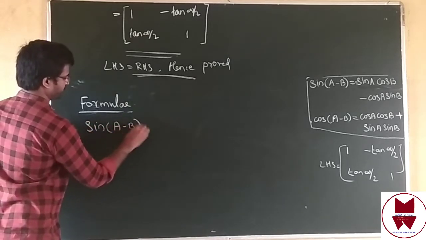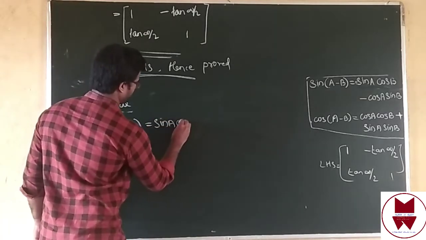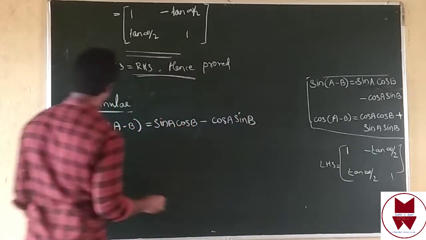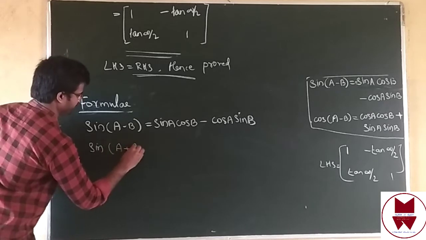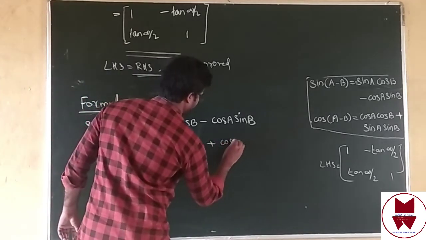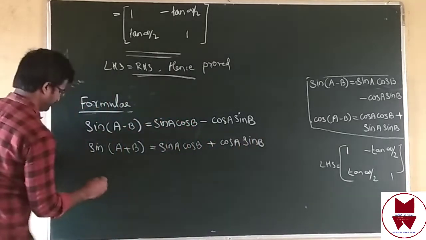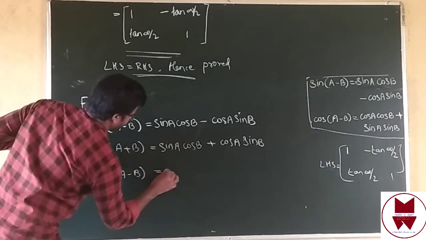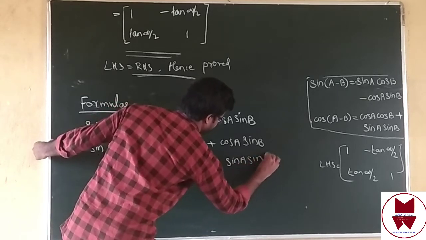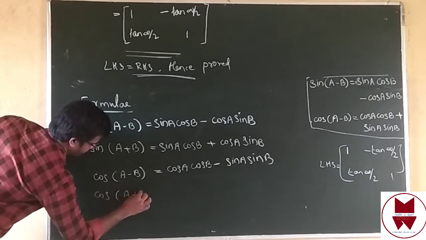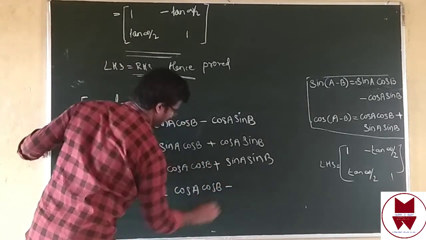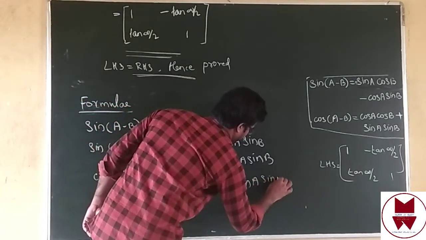Sin A minus B, we can write sin A cos B minus cos A sin B. Then second formula, sin A plus B, that is sin A cos B plus cos A sin B. Then next, cos A minus B is cos A cos B plus sin A sin B. Then cos A plus B, that is cos A cos B minus sin A sin B.